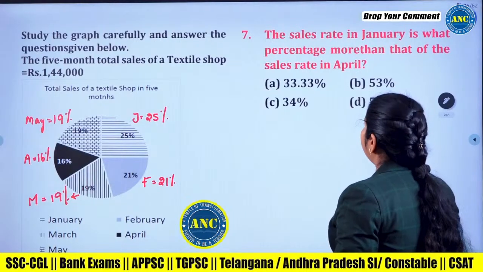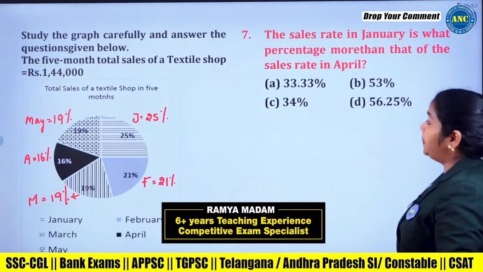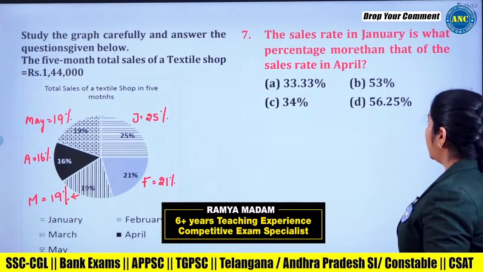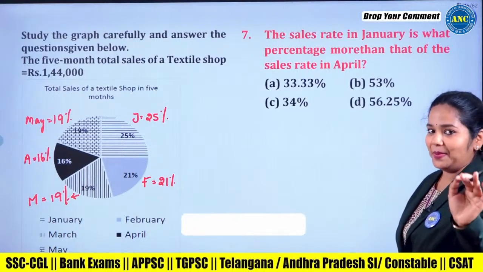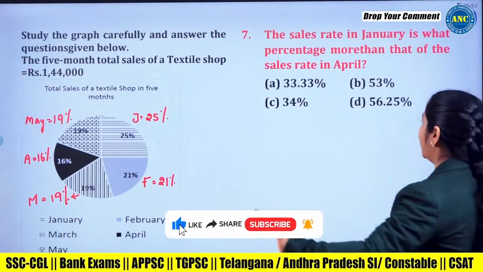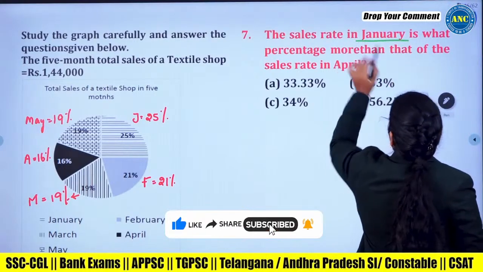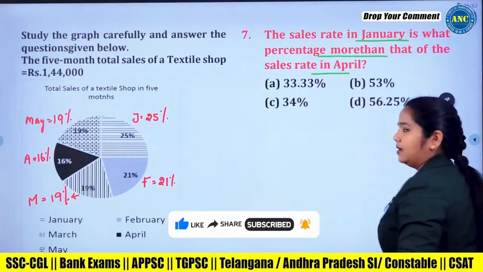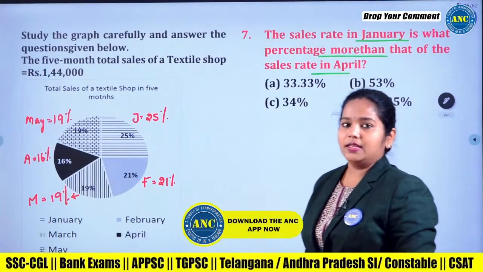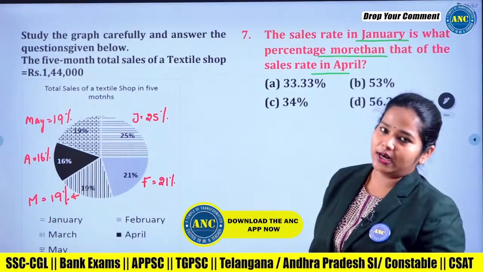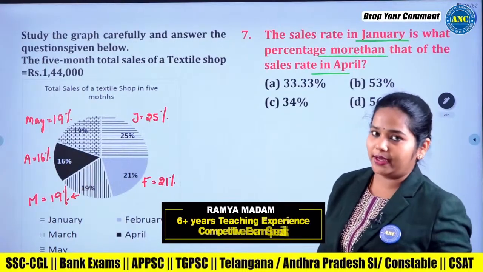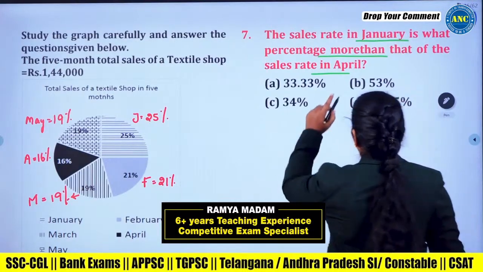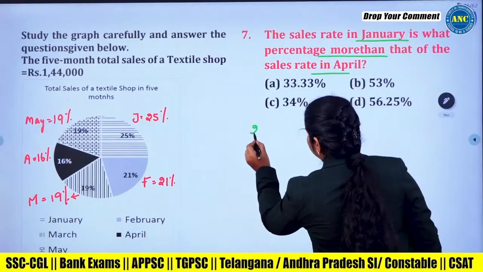The sales rate in January is what percentage more than that of sales rate in April? Now, shall I show you how generally a student who has not practiced does it? Sales rate of January is 25%.